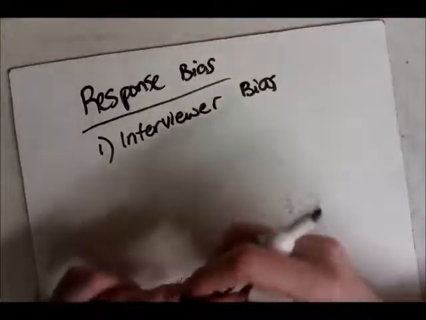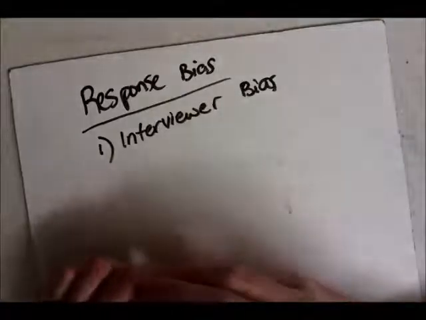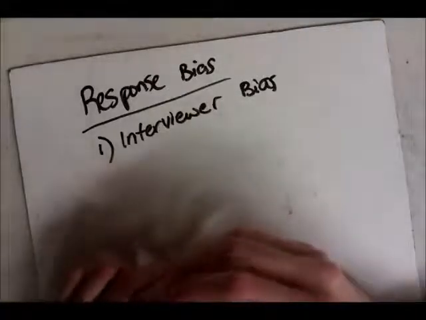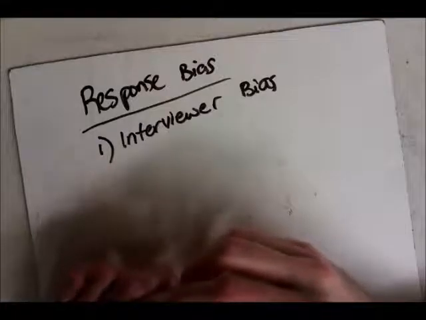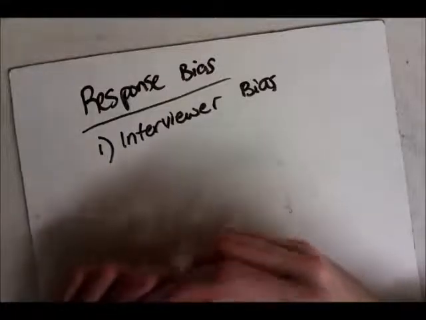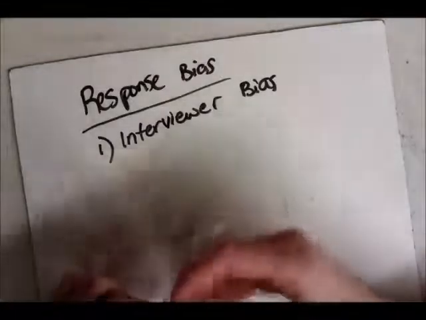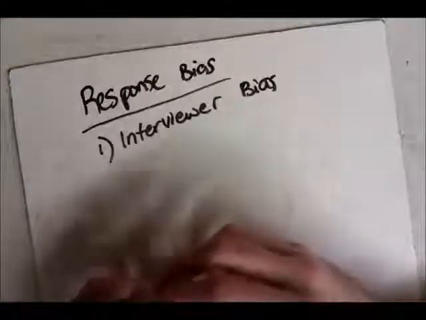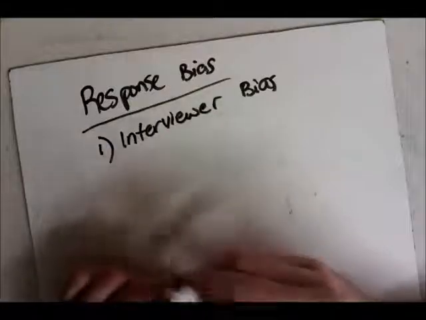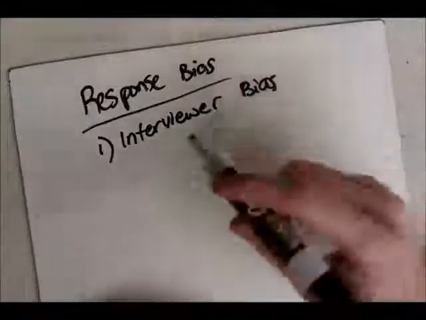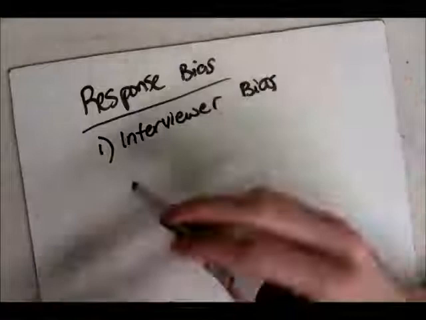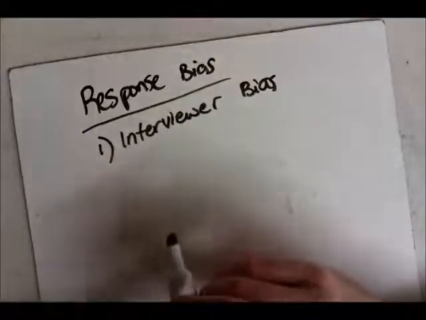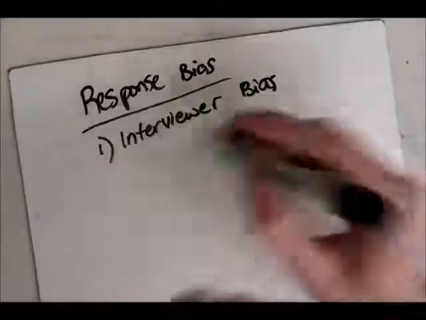So for example, if your boyfriend or girlfriend is asking you, would you ever cheat on me? Well, obviously, you're probably not going to tell them, yes, I'm going to cheat on you, because they'd probably dump you on the spot. So the person who asked the question, depending on who they are, might influence how you vote one way or the other.